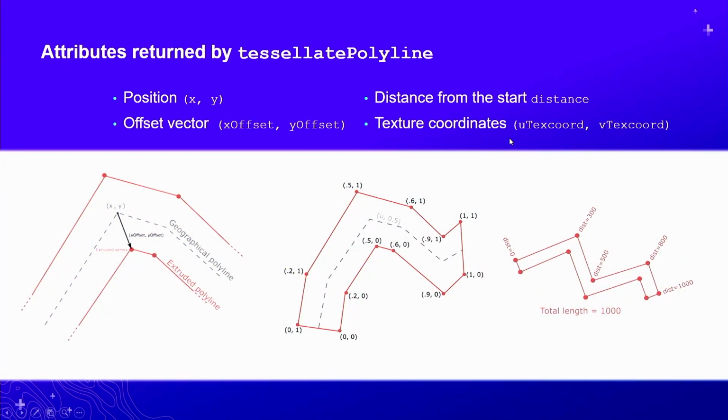So when tessellatePolyline returns, you get a mesh object, and the vertices on this mesh object have several attributes. The four that are relevant for this sample are position, then the offset vector, then the distance from the start of the polyline, and then a pair of texture coordinates, for a total of 7 values.